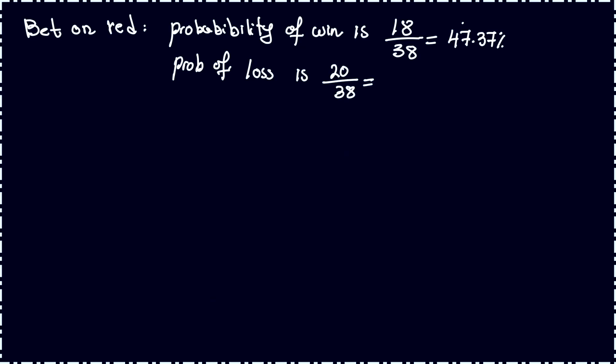Again, that's because there are 2 greens, which we consider as neutral, and 18 blacks. This probability is, of course, higher. It's 52.63%. So this is definitely not a fair game.